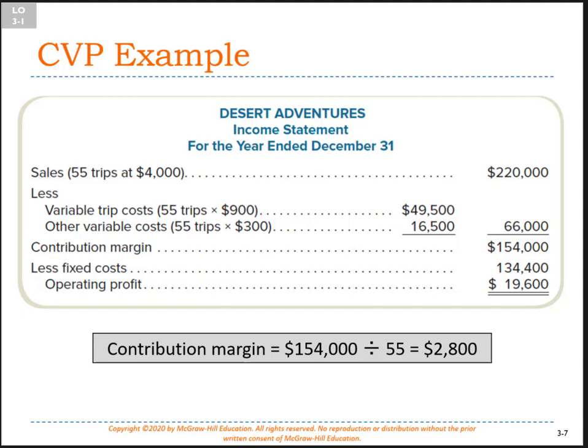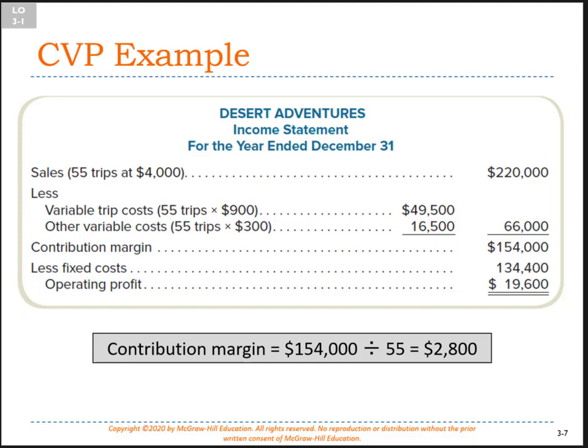So you have to sell and make the same amount. So we don't have any of those issues on this example. 55 trips times 900 is 49.5. 55 times 300 is 16.5. We combine those to get 66,000. So the contribution margin total is 154,000.